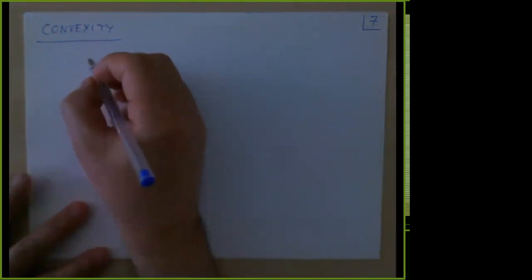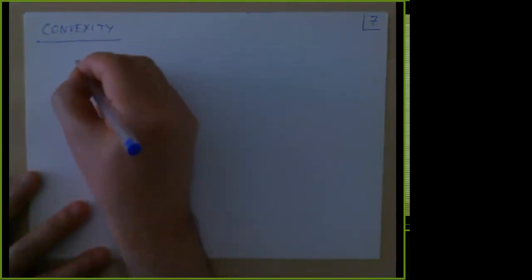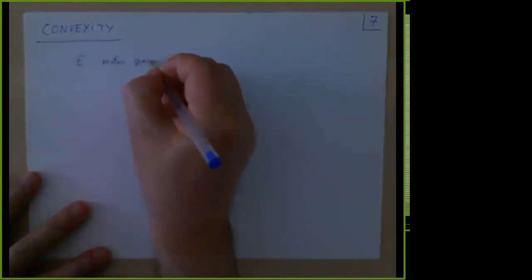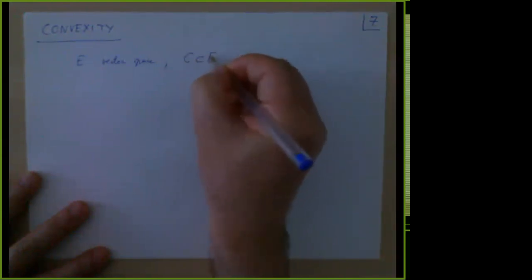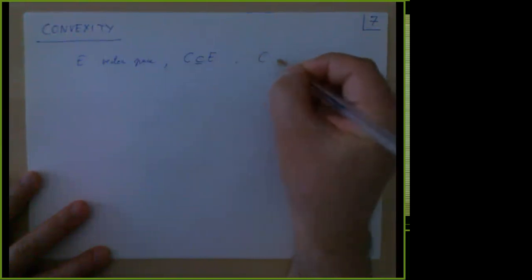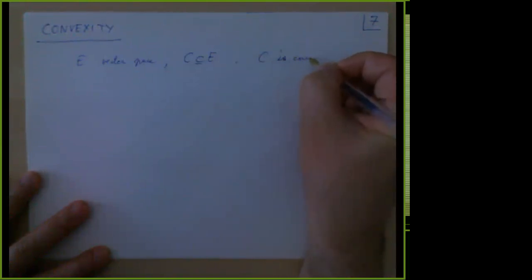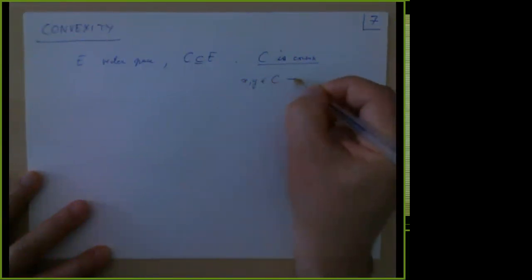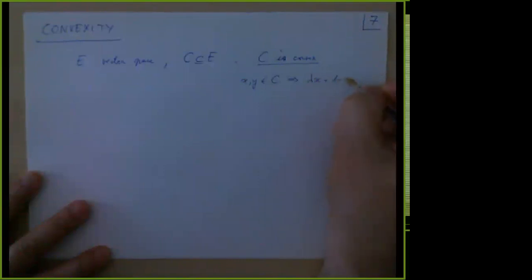So let us recall, and I need to go a little bit faster here, I hope you don't mind, that if we have a vector space E, and C a subset of E, then we say that C is convex if x, y in C implies that lambda x plus (1 minus lambda) y is in C for all lambda belonging to [0,1].